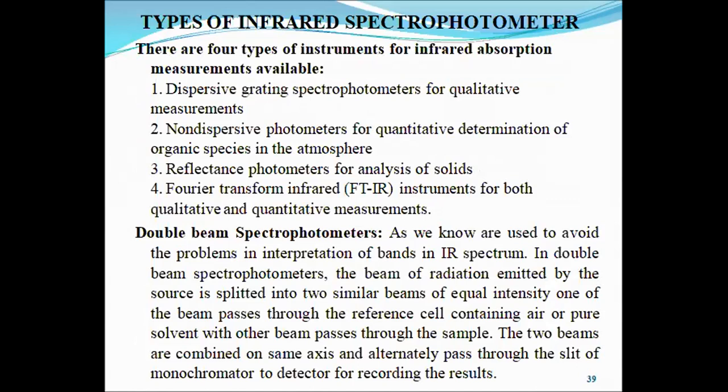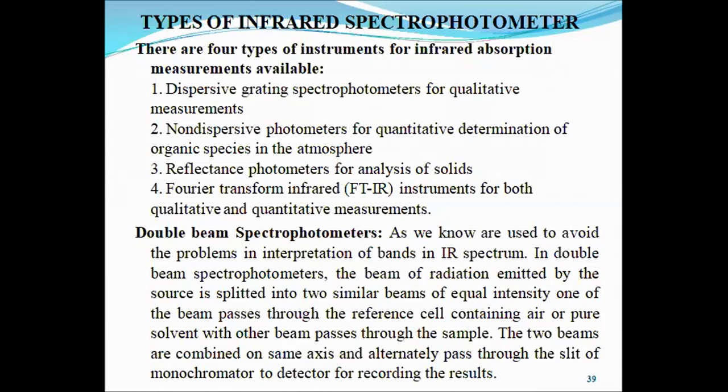Non-dispersive photometers, which are used for quantitative determination. Reflectance photometer and FTIR, the most important, Fourier transform infrared spectrophotometers, for both qualitative as well as quantitative measurement. Therefore, they are the most important amongst all four. Both double beam and single beam spectrophotometers can be used.